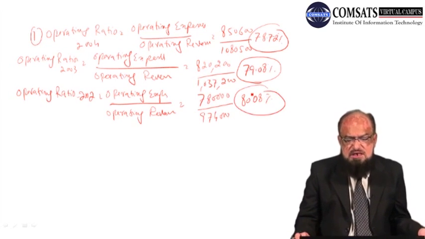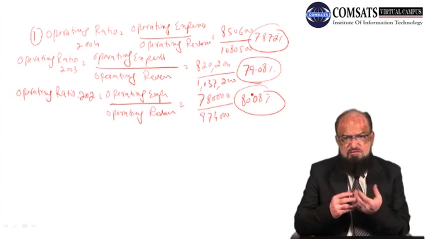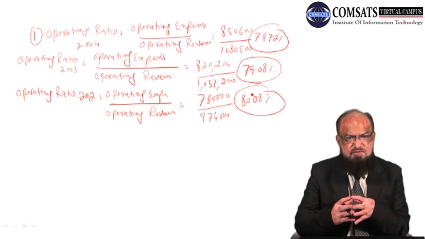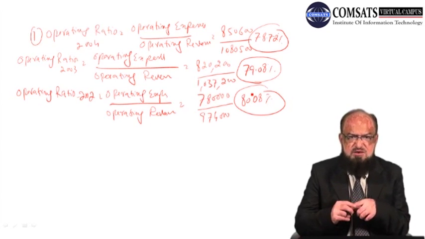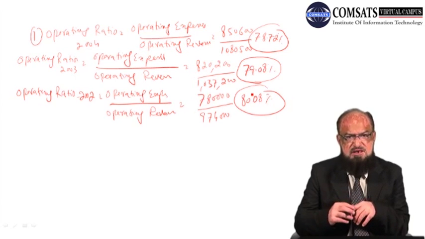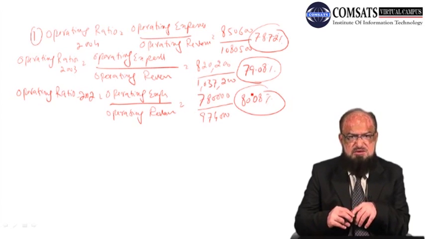So dear students, if you are comparing 2004, 2003 and 2002, you can see in 2004 the operating ratio has decreased. Your expenses have increased compared to 2002. It is not good for the business.